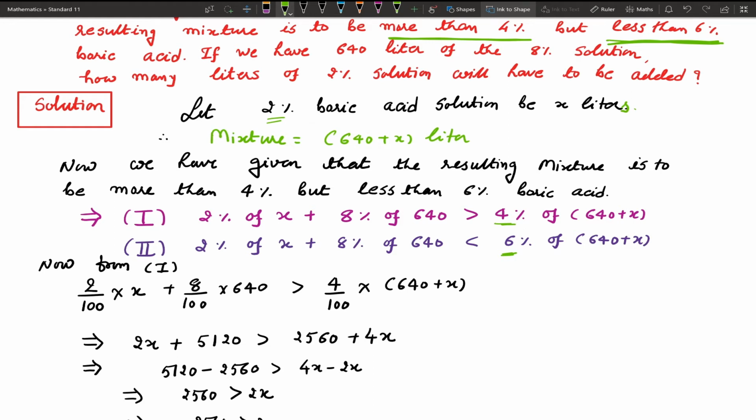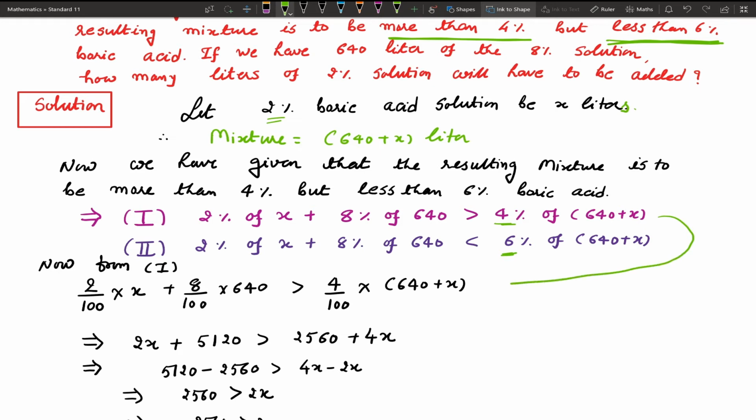So 2% of x which we have added plus 640 liter was already there having 8%. Therefore 2% of x plus 8% of 640 liters greater than 4% of 640 plus x liter.